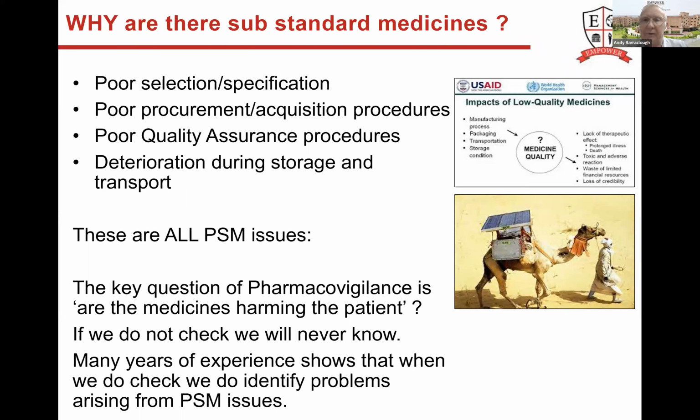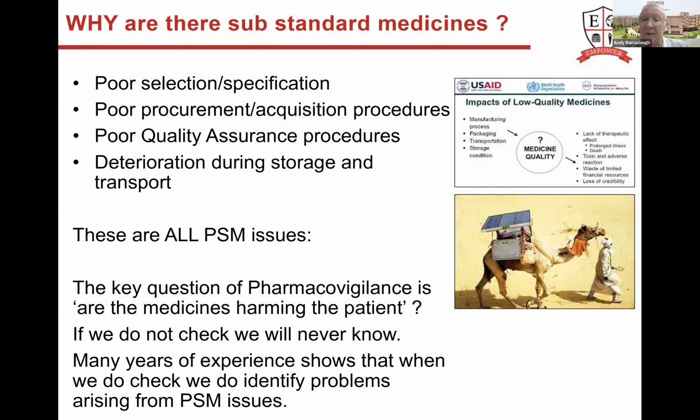That's different. The total cost of ownership concept. We've been very poor on quality assurance procedures, on maintaining quality on arrival and throughout storage and distribution. And there is deterioration in storage and distribution. These are all PSM issues. And that's our contribution to pharmacovigilance.